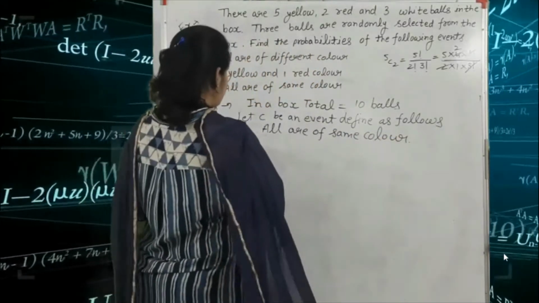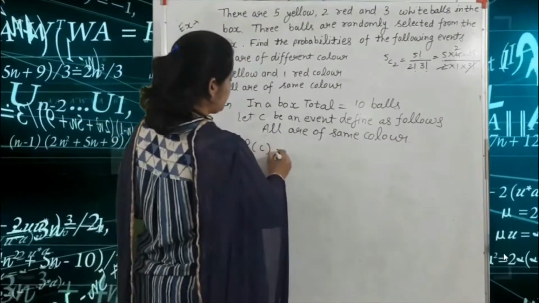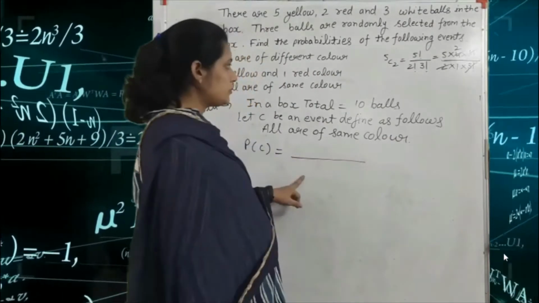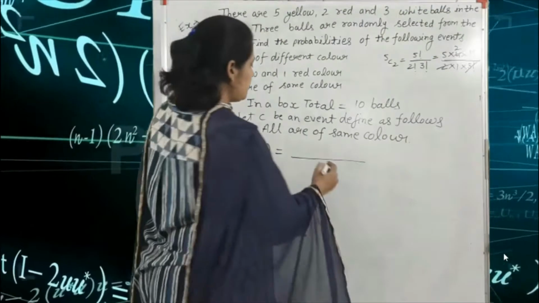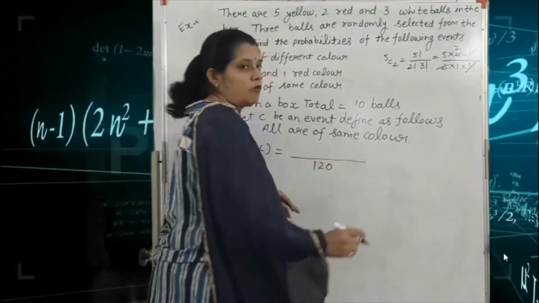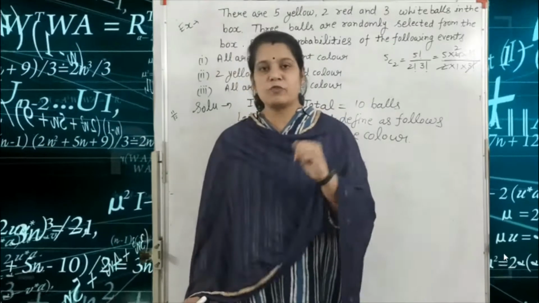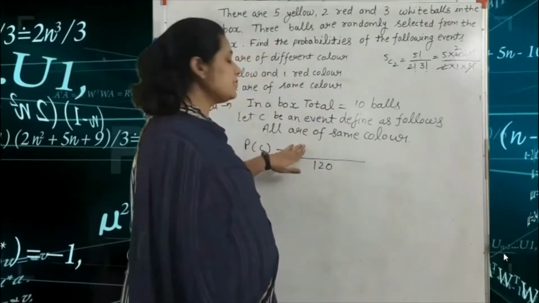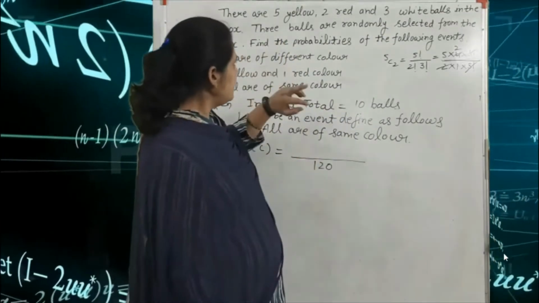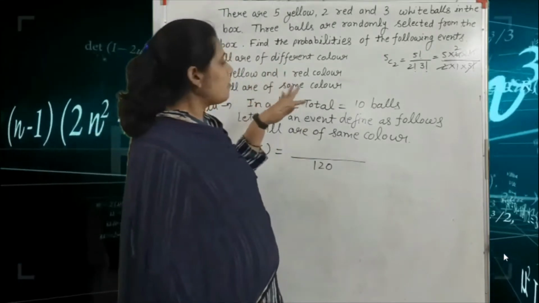That means the probability of C is equal to what? In the denominator we write the total possible outcomes or total exhaustive events. So total exhaustive events is 120. But in the numerator we find all are of the same color.